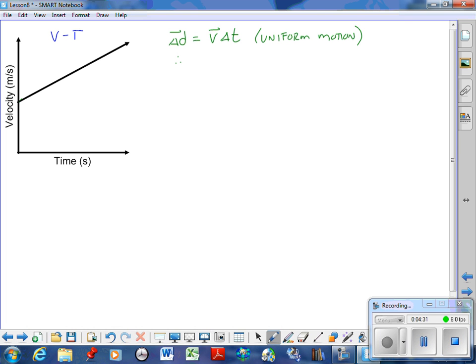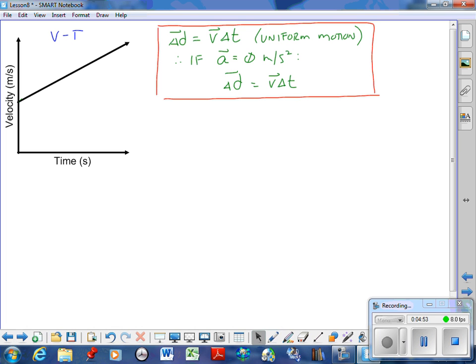Therefore, if acceleration is equal to 0 meters per second squared, then the formula we're going to use is delta D equals V delta T. There's only one formula that applies to uniform motion. This formula doesn't apply if we have acceleration, and that's what we have in this graph over to my left. So that's why I've done that separately. That is one of our equations that I was referring to, so I'm going to put a 1 beside it. Delta D equals V delta T is one of our equations.